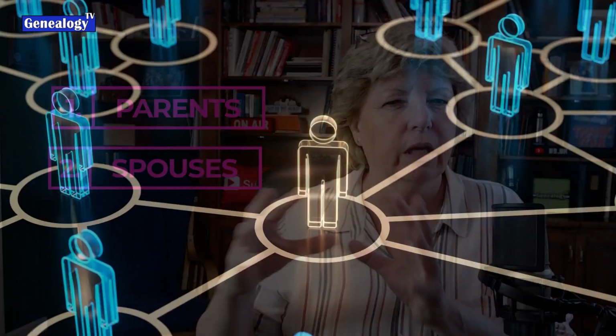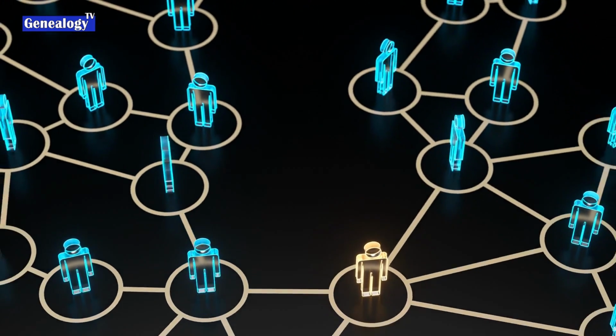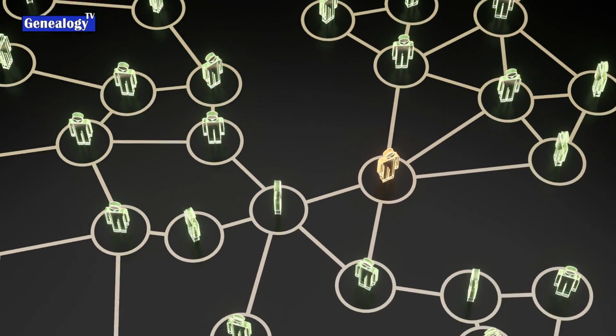But the reality is that death certificates are really helpful a lot of times in identifying parents, identifying spouses, those kinds of records that can help tie people together. Sometimes it's the glue that holds it all together. Death certificates are often the first thing that a person finds when they're working on their family history.